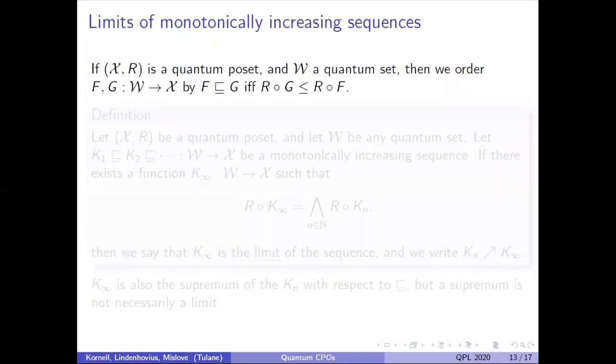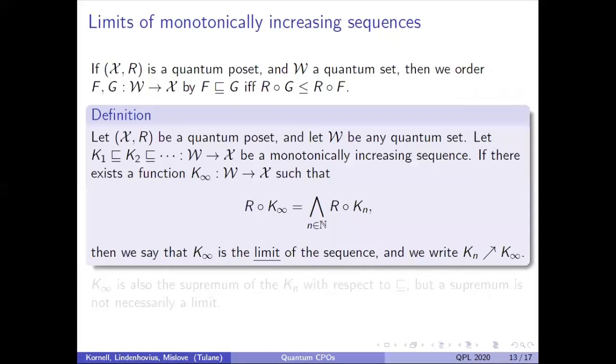Next, we remark that if we have two functions from a set into an ordered set, then the order on the ordered set also induces an order on these functions. And in the quantum world, it works exactly the same. If we have two functions into a quantum poset, then the order on the quantum poset also defines an order on functions into this quantum poset.